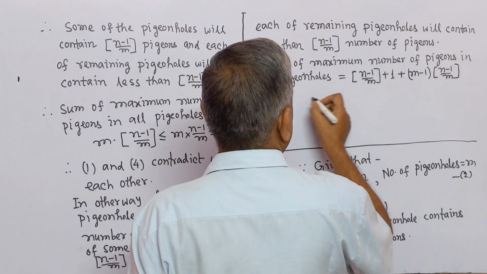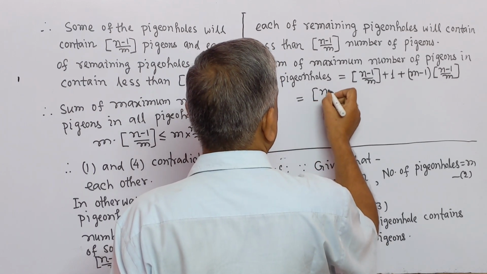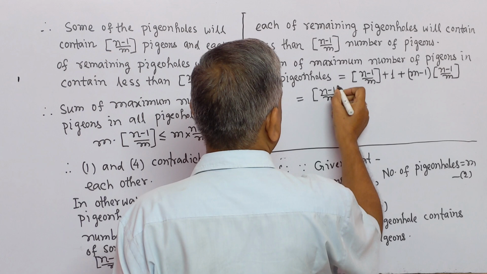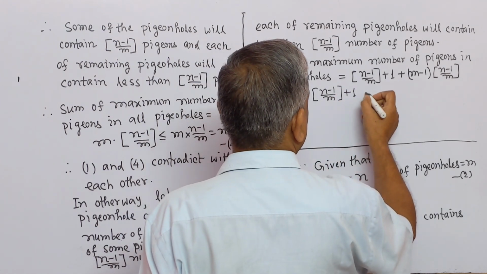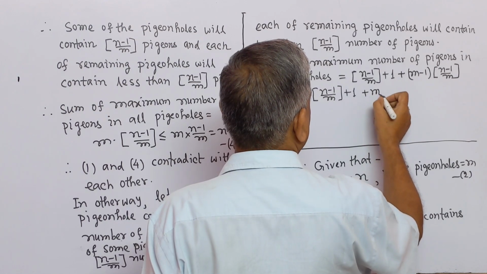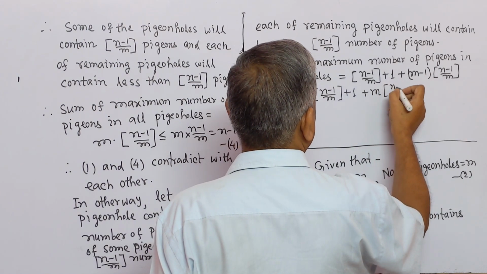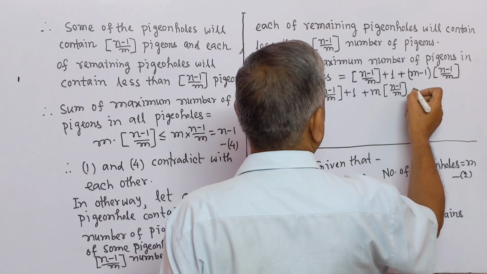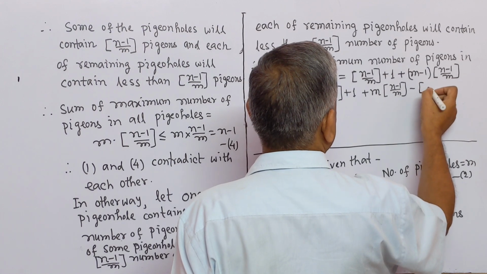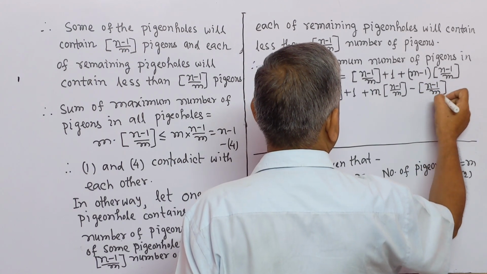This is equal to the greatest integer function of (n minus 1) by m, plus 1, plus m multiply the greatest integer function of (n minus 1) by m, minus the greatest integer function of (n minus 1) by m.